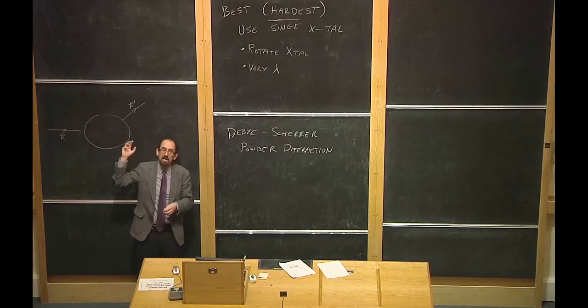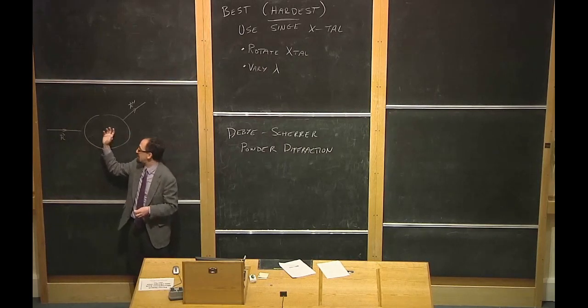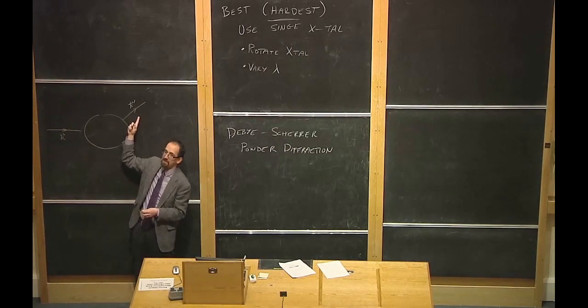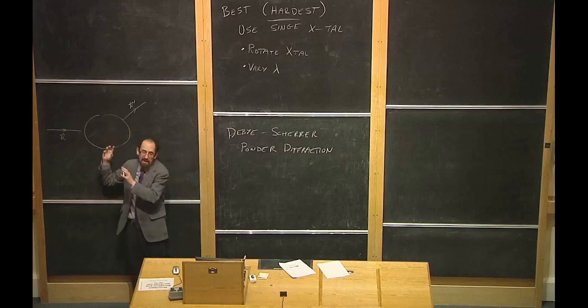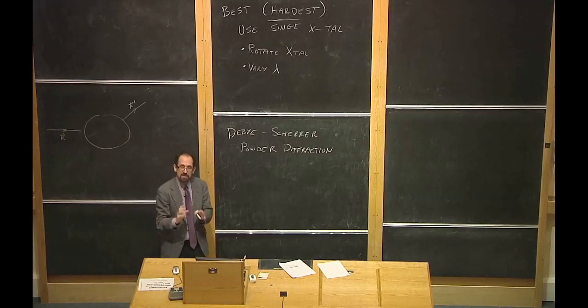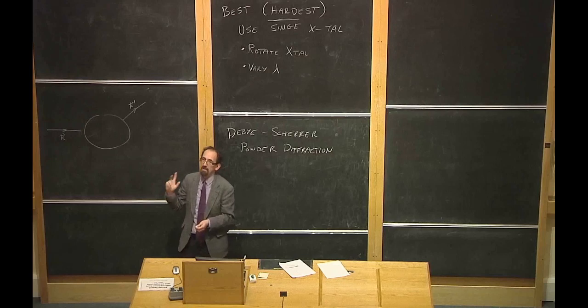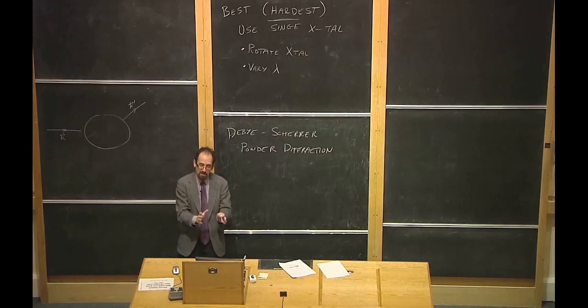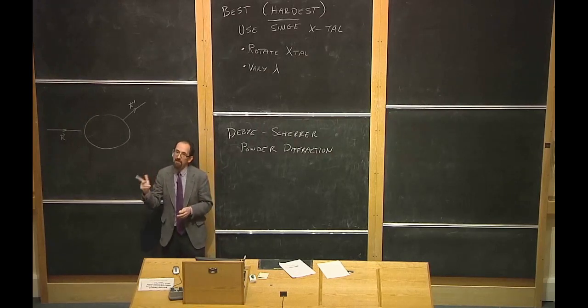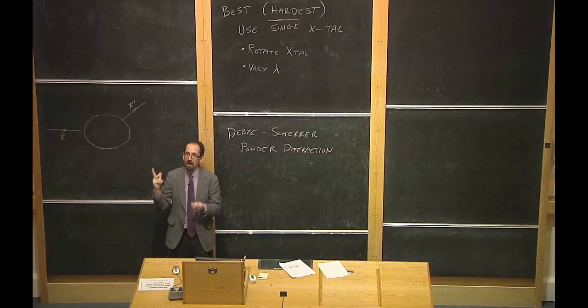If there was any direction in which you rotated that single crystal and you could get diffraction out at this angle, then somewhere in your powder, somewhere in your polycrystalline sample, the axes will be correctly oriented. In other words, the polycrystalline material, or the powder, represents every possible orientation of the material.